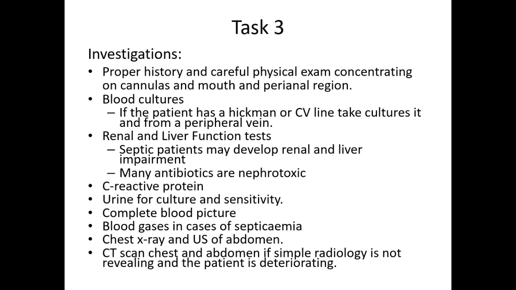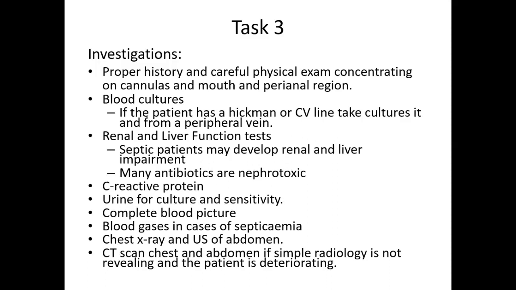Blood cultures are very important, and the cultures should be taken as soon as possible. And if the patient is having a CV line, we need to take also culture from the peripheral vein and from this central venous line.